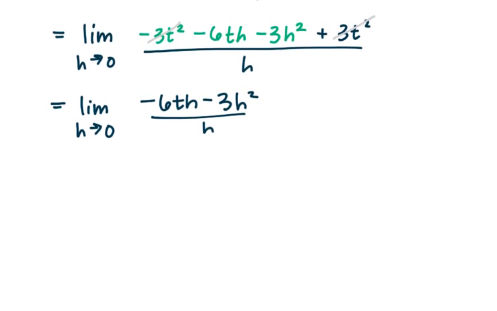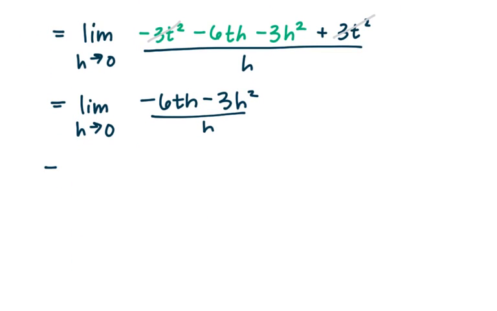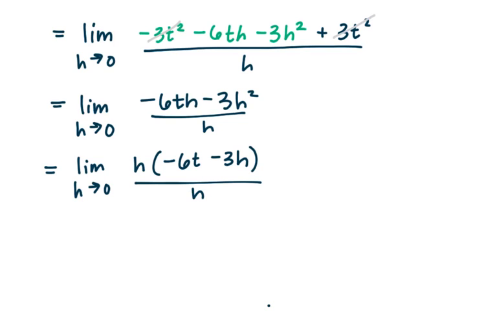Notice both of my terms in the numerator have an h in them. So this is the limit as h approaches 0 of h times negative 6t minus 3h, all over h. So those h's cancel.